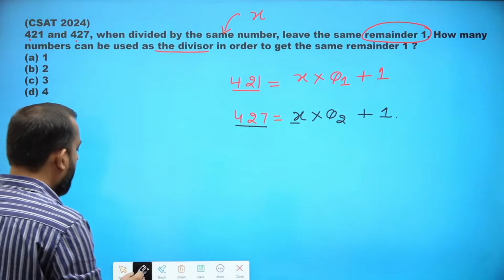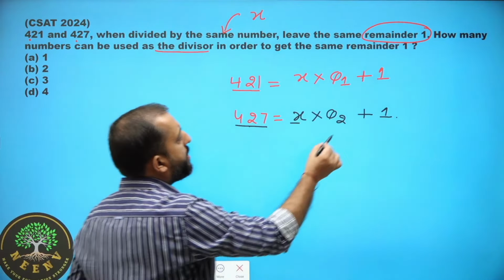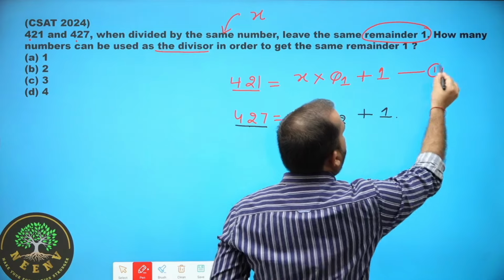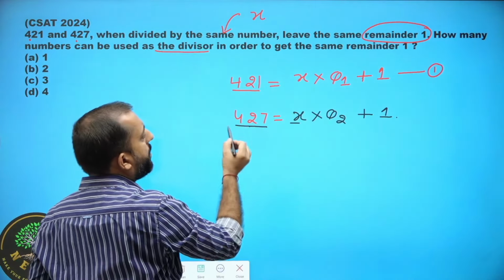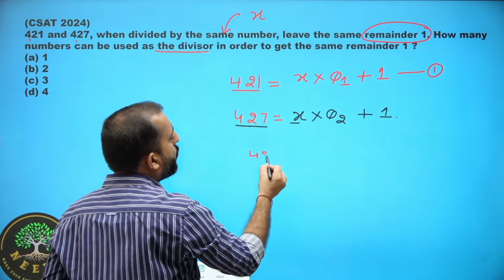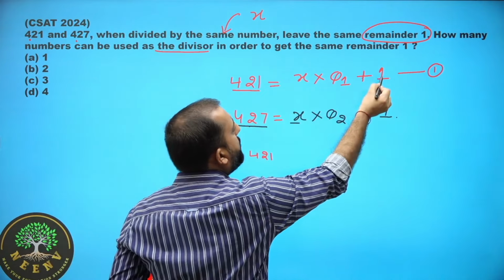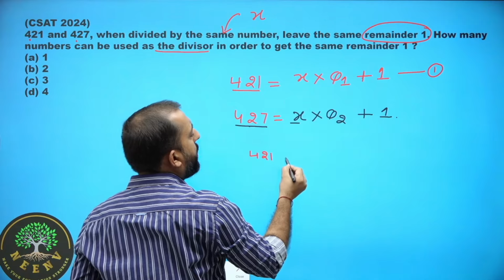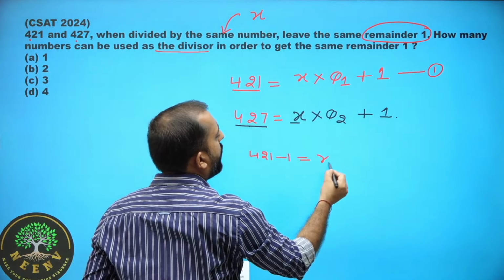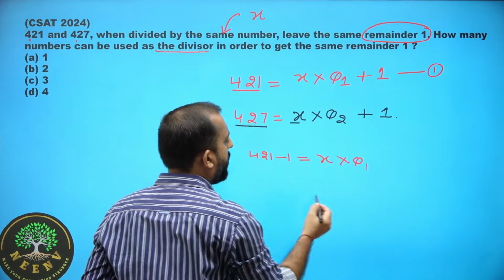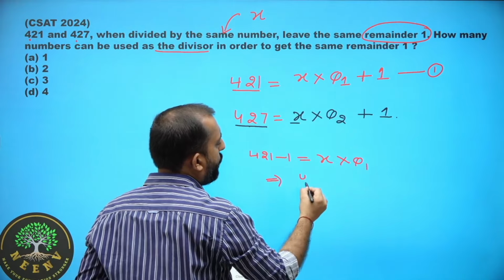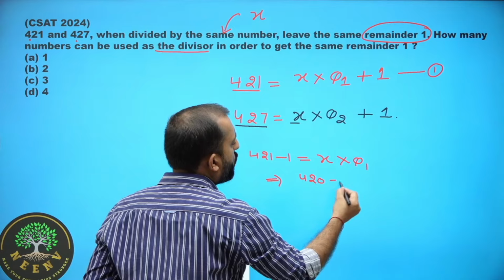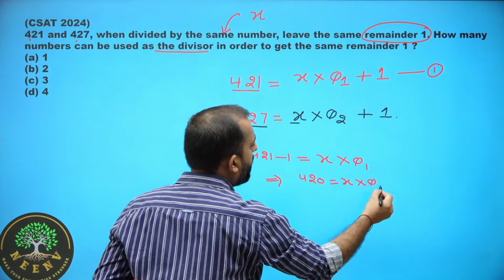Okay. Now, from this case number 1, I can say this 421, keeping this one on the left hand side, minus 1 is equal to x into q1, which says 420 is equal to x into q1.